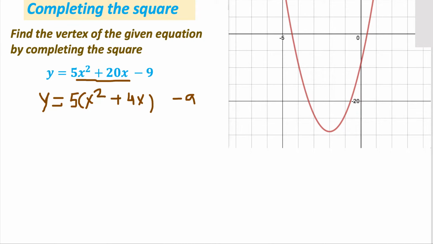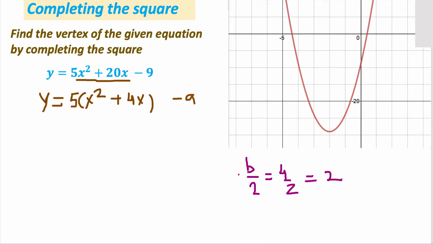And what I'm doing here, this is A, this is B, and B over 2. Let me try this formula. B over 2. In our case, B is a 4. Here is a 4 over 2. 4 over 2 is equal to 2.